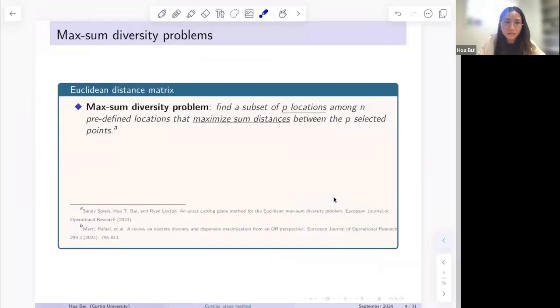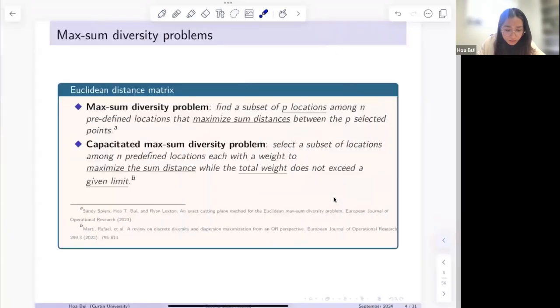The problem of maximizing the sum of distances of your selected locations is usually called the maximum diversity problem. The most classical one is the maximum diversity problem, where you select a subset of p locations among n predefined locations that maximizes the sum of distances between the p selected points.